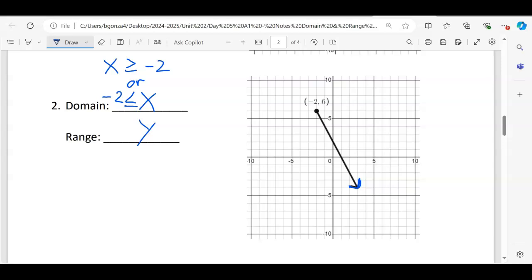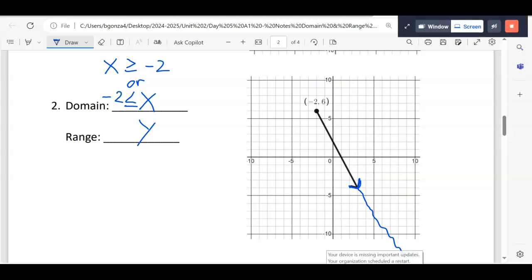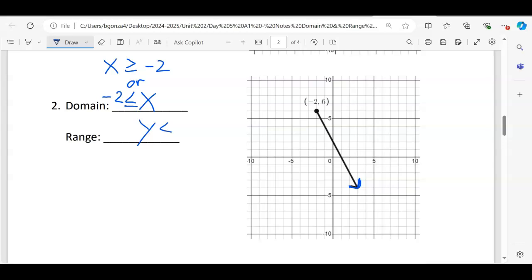Makes sense. Now for the y, please don't start at the end point. You start at the bottom to the top. Now how far down does this go? Forever and ever and ever, right? So there is no bottom. You're going to leave this left space blank, okay? But at the top, it does have an endpoint. So put the less than on the right side of it.